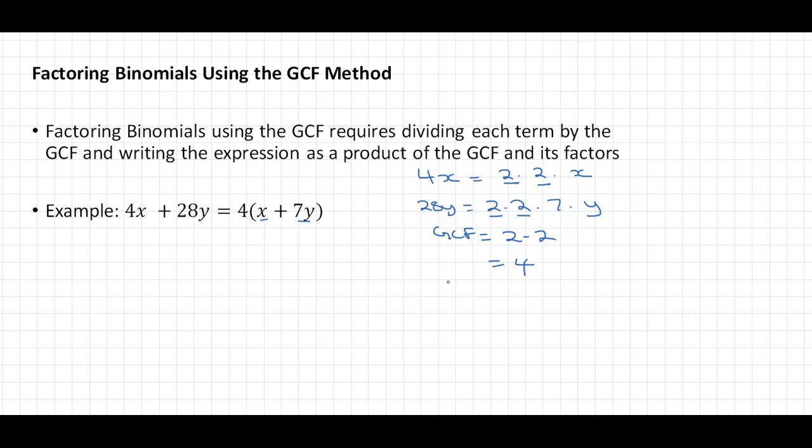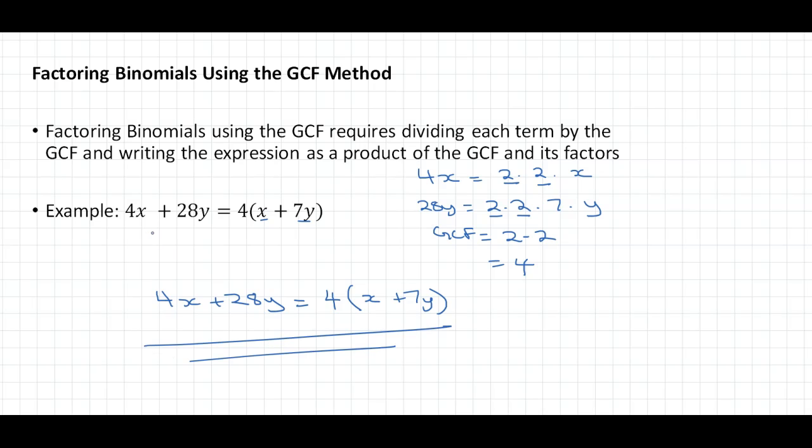So now when we want to rewrite 4x plus 28y, the greatest common factor is 4. For 4x, the only other factor there is x. And then for 28y, the only factors there are 7 multiplied by y, which gives us 7y. So this is how we get to this result for 4x plus 28y.